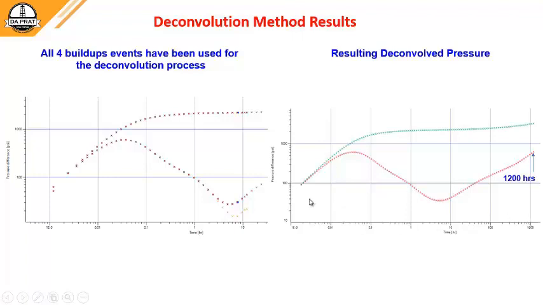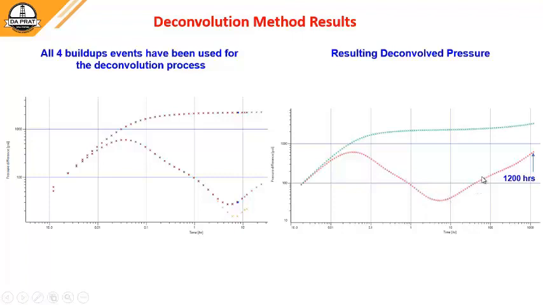So you see here that just using the build-ups, you can see this two-porosity feature, because it is shown during the build-ups and in the deconvolved function. Before, we were at about 1000 total testing time.